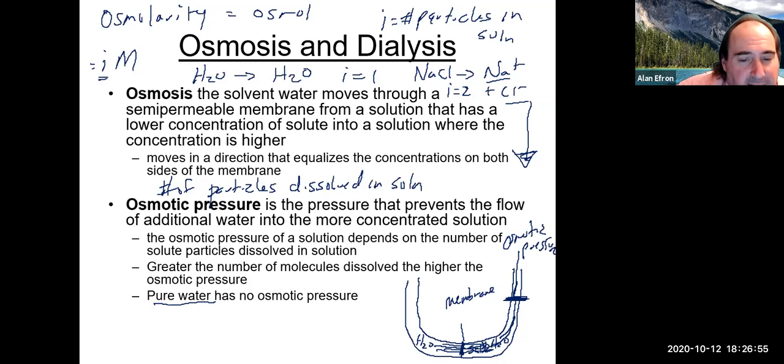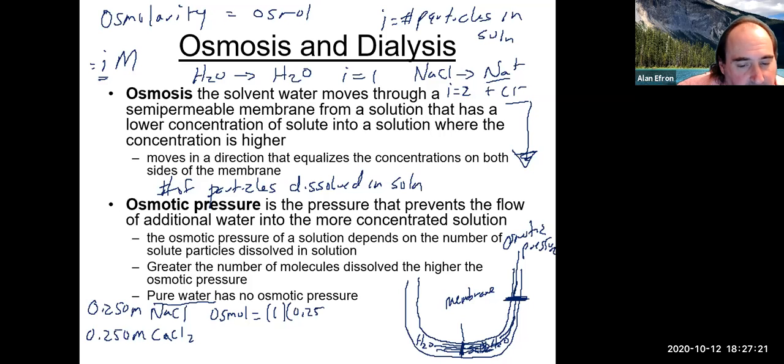So let's say, for example, we had a 0.25 molar sodium chloride solution and a 0.25 molar calcium chloride solution. Which one would have the greater osmolarity? Well, sodium chloride's osmolarity would be 2 times 0.25 molar, which gives you 0.5 osmolarity.